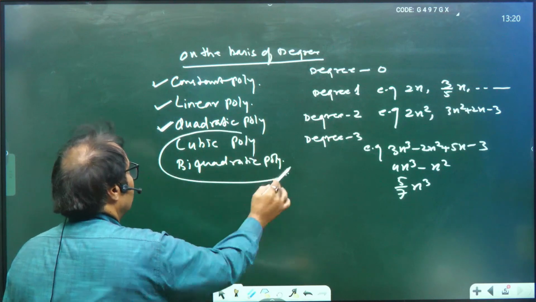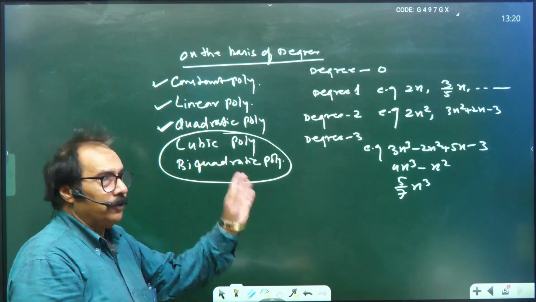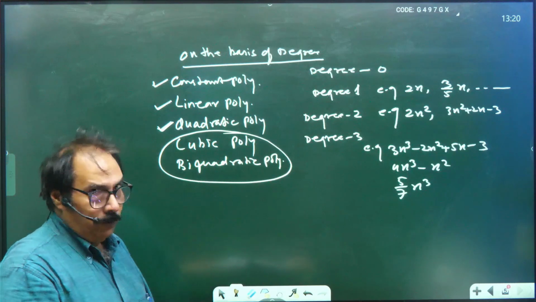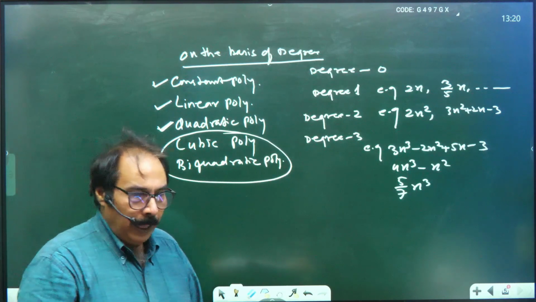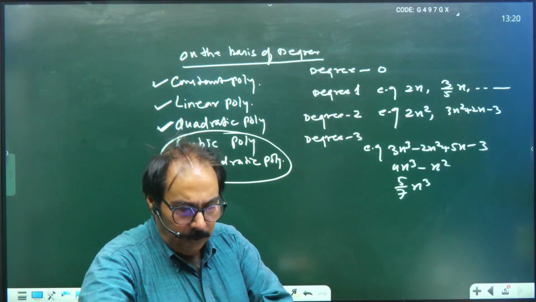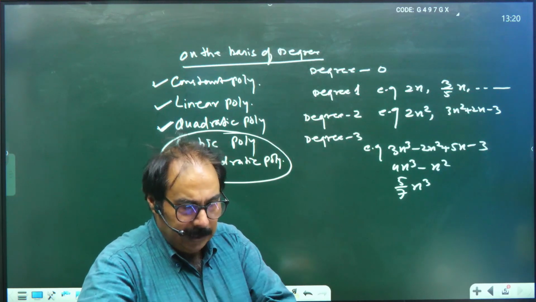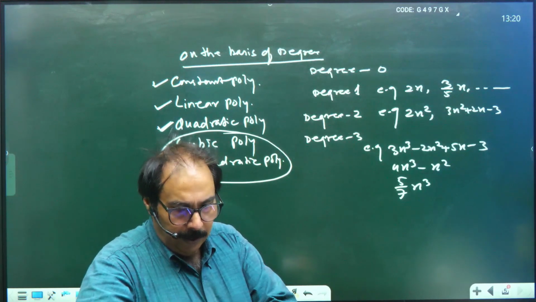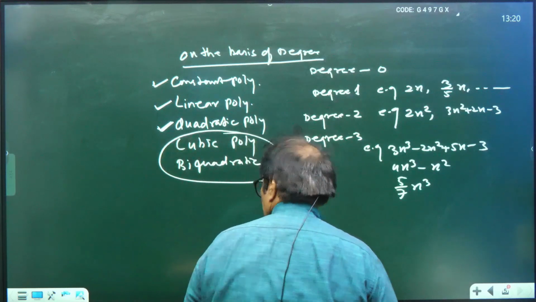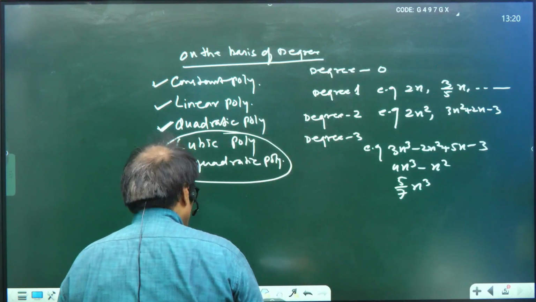This is not in your syllabus, so just for your information and knowledge, I have given the cubic polynomial and biquadratic polynomial. Okay. So with this concept, we are going to the exercise. Exercise 2.1.